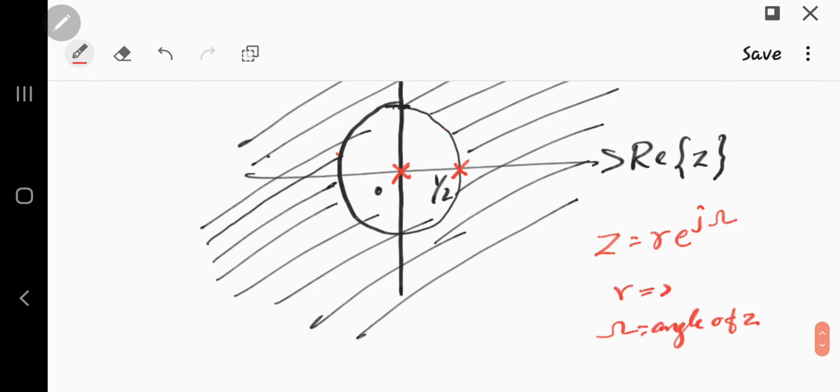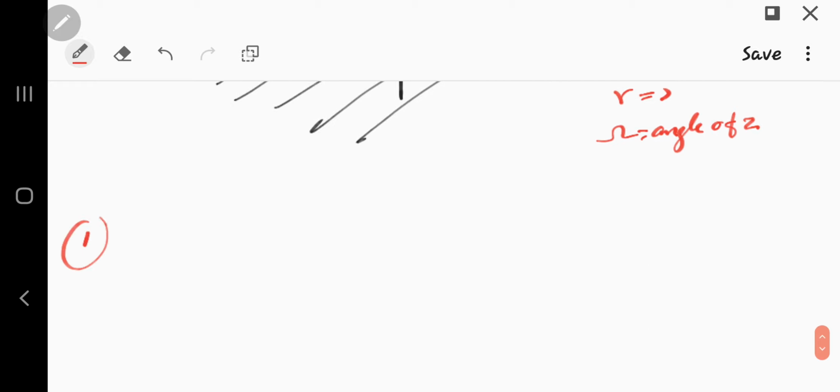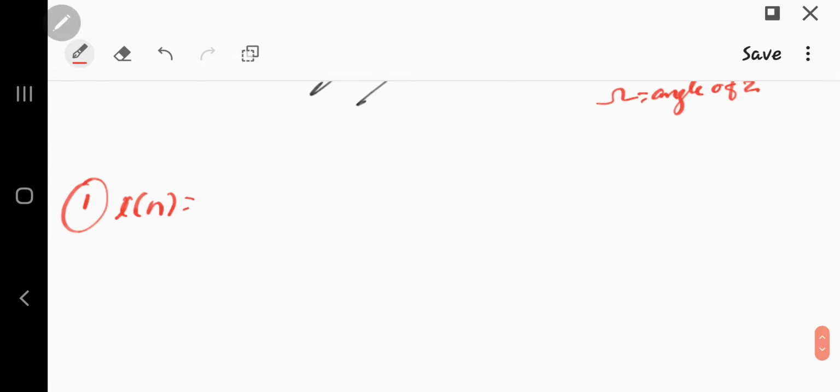And in the last video I gave some examples to solve, and I'm giving the solution for this. The first problem is x of n is equal to 1 plus n into u of n.